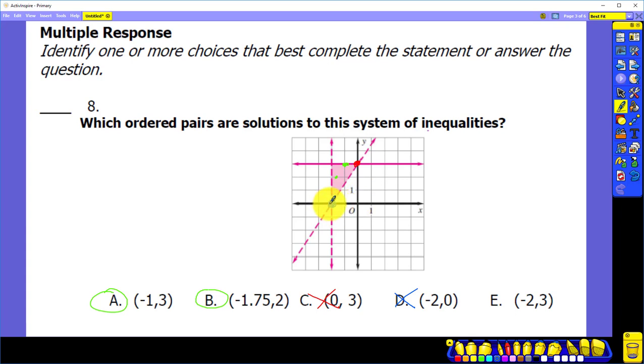So -2, 3 will be over here. Now again, this point is located on a solid line and a dotted line. Since it is not both solid, this will not be a solution. Alright, so the correct answer is -1, 3 and -1.75, 2.